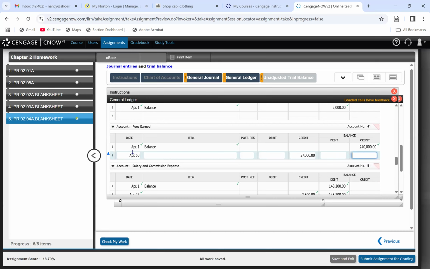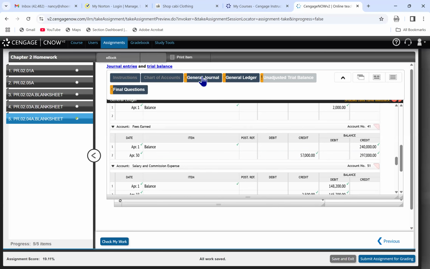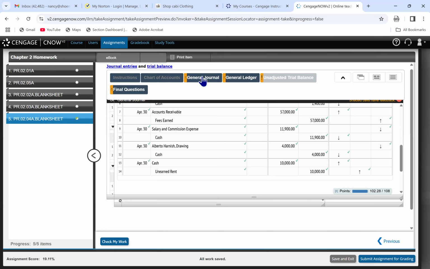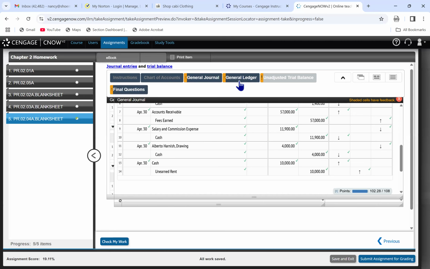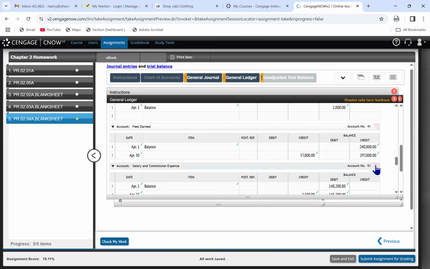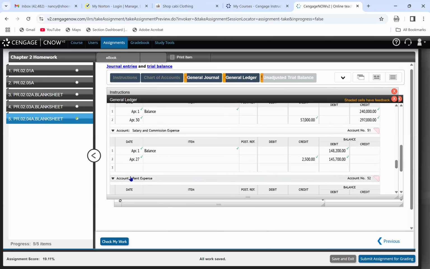So our 240,000 plus our 57,000 gives us 297,000. Okay. And then we've got our salaries and commission expense of 11,900. We'll show April 30th.